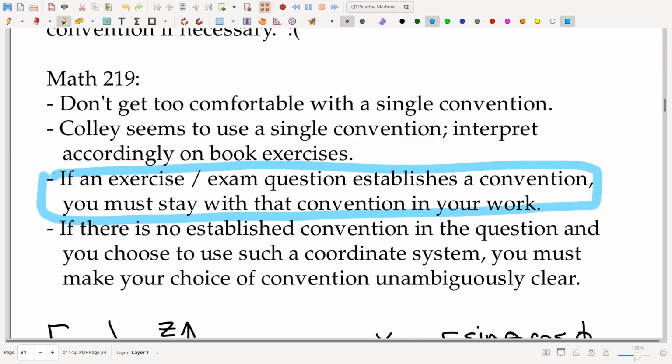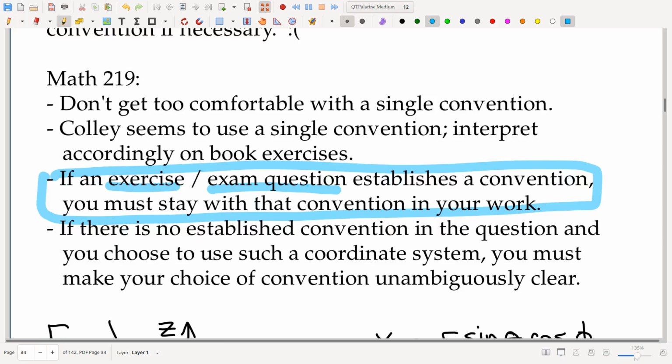If, hypothetically, an additional homework problem or an exam question establishes, by the statement of the question or whatever, some different convention, maybe such as the one that we just looked at below, you have to stick with it. This is not optional. You can't have an answer and a question that make different conventions.